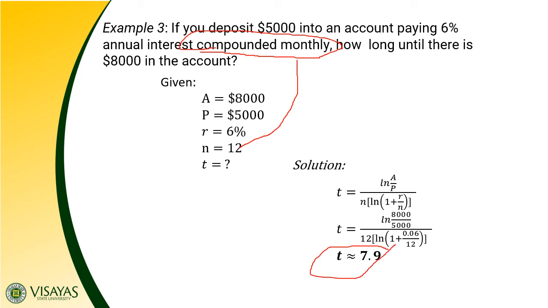So approximately 7.9 years, dapat yung itagal ng 5,000 sa bank na may 6% annual interest compounded monthly in order for that 5,000 na maging 8,000 siya. Okay? After 7.9 years. Klaro? No? I hope nasundan, no?